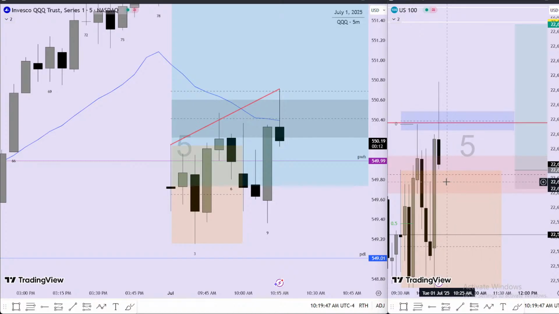Definitely likely to close this gap, but still I would take my chance, risking 5 points.